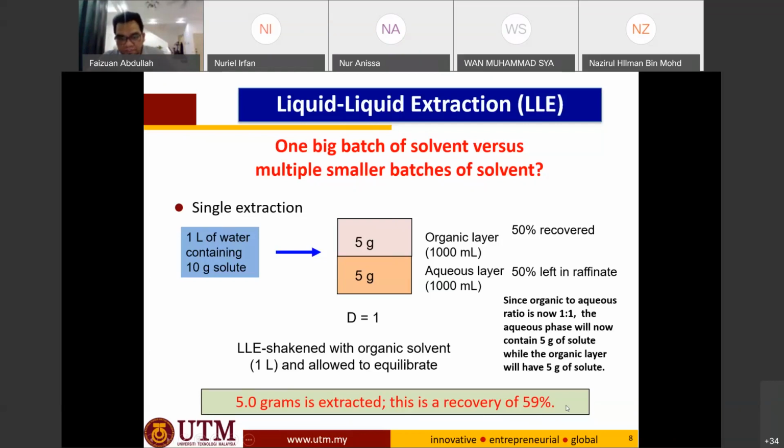Using this method, 1 liter of water containing 10 grams of solute directly with 1 liter of organic solvent, we recovered only 50% of the analyte.